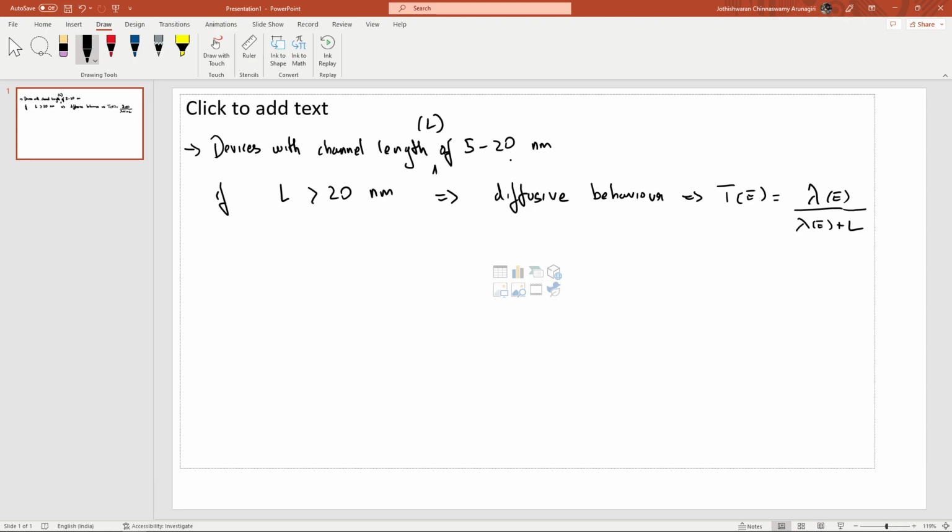If L is less than or equal to 10 nanometers, you can assume that T of E is approximately equal to 1. You don't have to calculate this quantity time and time again. Is that clear?